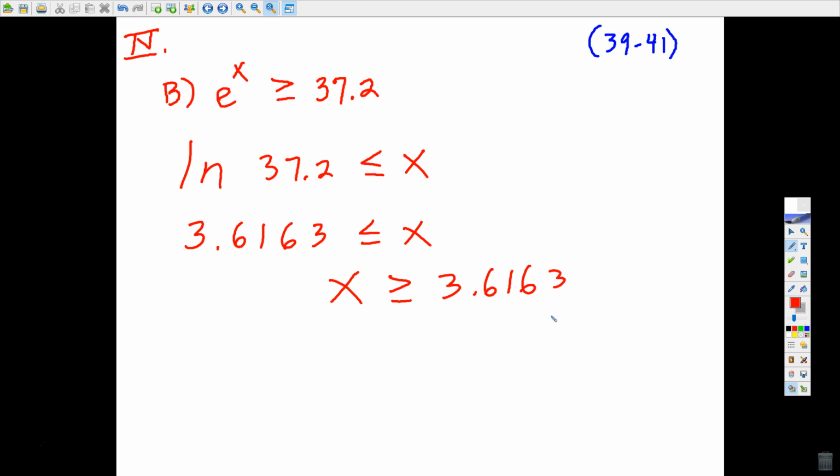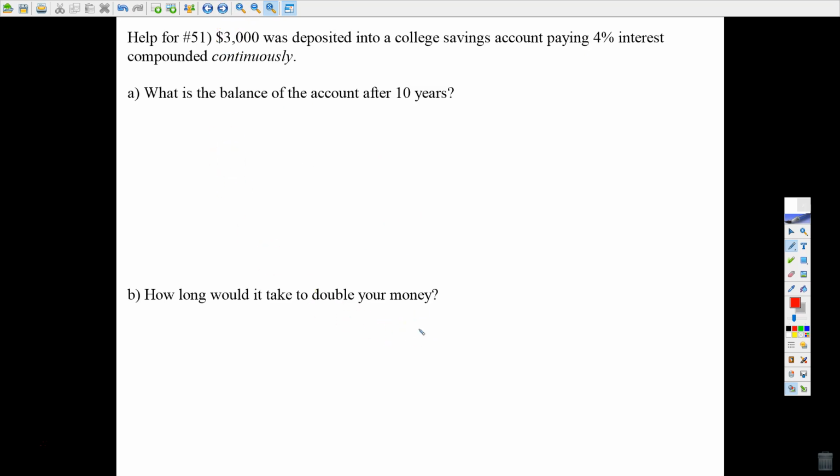Okay, I got about 2 minutes. We learned a formula that you practiced on the last quiz that will help us determine how much an account or a money amount, an investment, grows over time with compound interest.